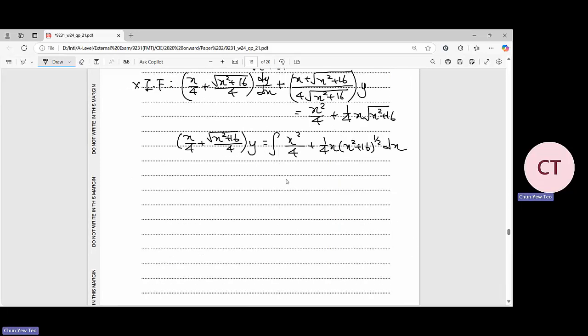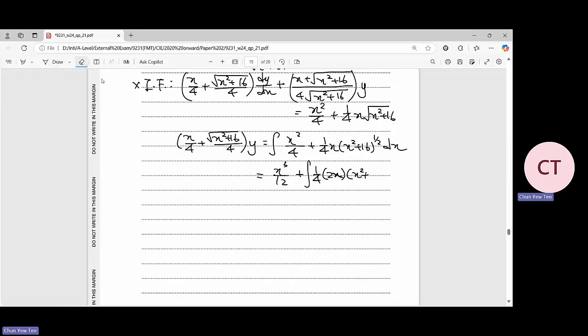So my left-hand side is already fixed. I just focus on the right-hand side. It will be x cubed over 12. And this one will be a bit troublesome. Over here, you need to integrate the power of half. You need to have 2x. This is x squared.